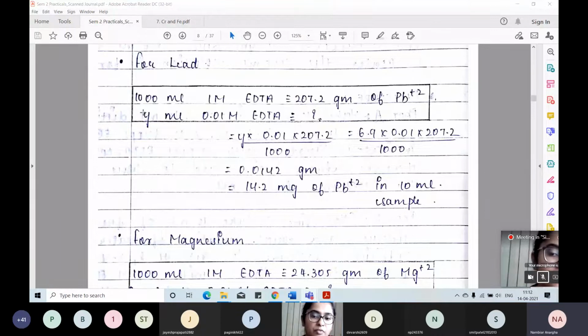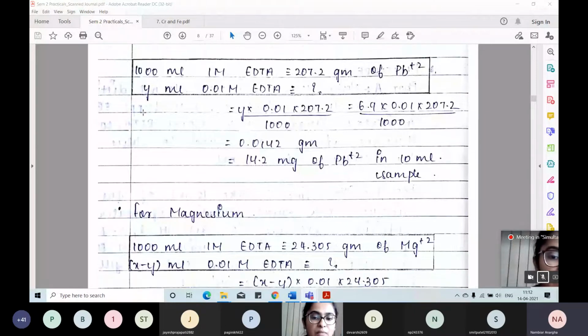अब जब ये एक्चुअल में परफॉर्म करते हैं, every student has different values of each metal. The mixture is prepared in such a way that everyone gets different values. So as you can see, when this practical was performed years back in lab, at that time the 10 ml of sample that was given to them had 14.2 milligram of lead in it.